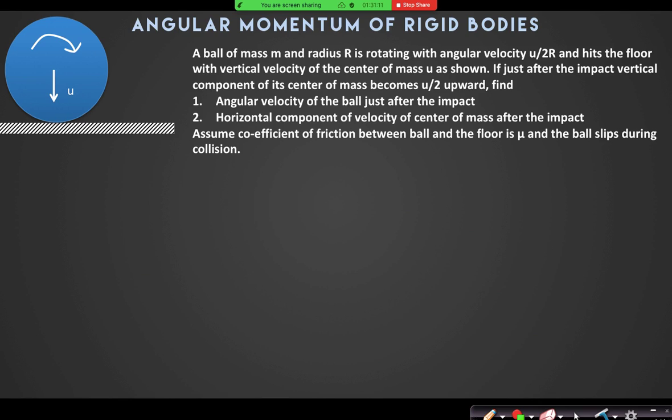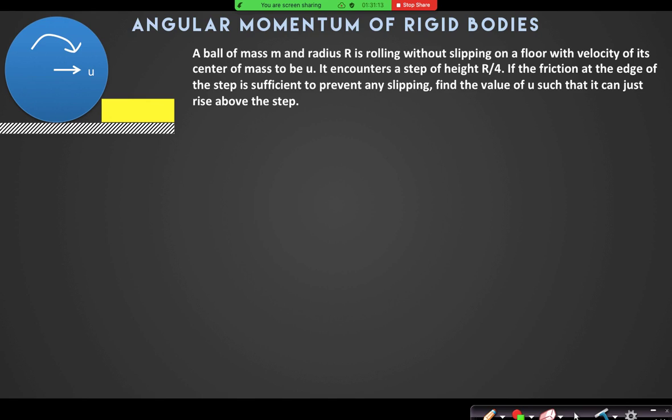Now this question says that a rigid ball of mass m and radius r is rolling without slipping on a floor with velocity of its center to be u. It encounters a step of height r by 4.